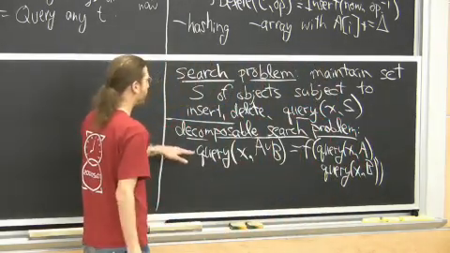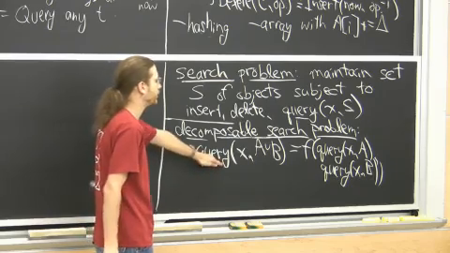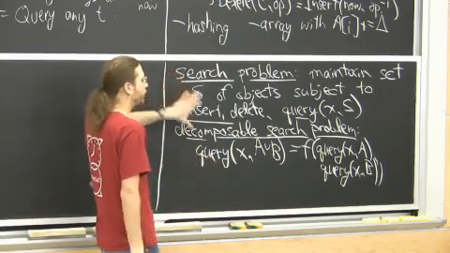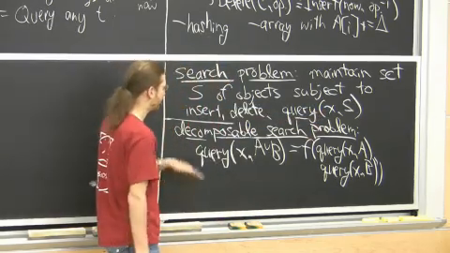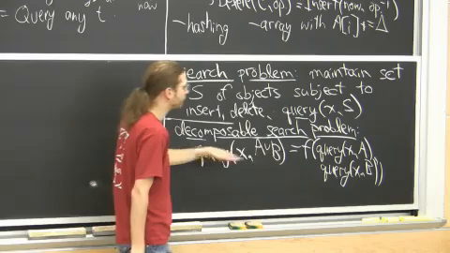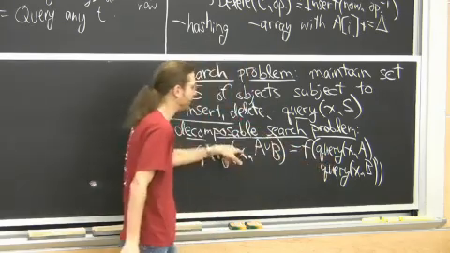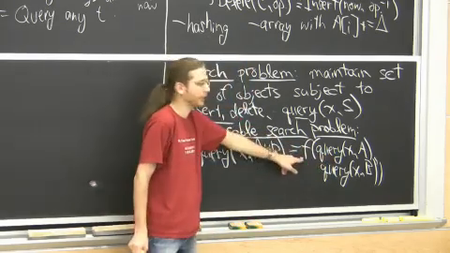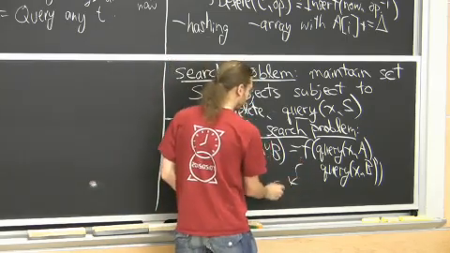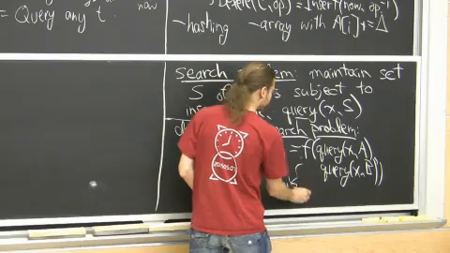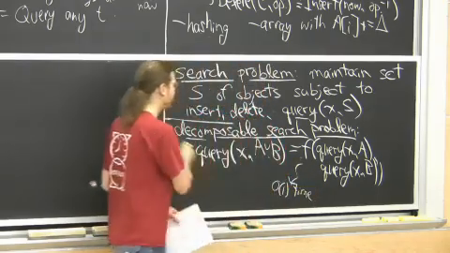This is a constraint on what the query is. The problem is still this: I still want to do a query on the entire set, but I know that if I could somehow solve the query on smaller sets, I could combine them into the union using this f function, let's say computed in constant time. That's a decomposable search problem.